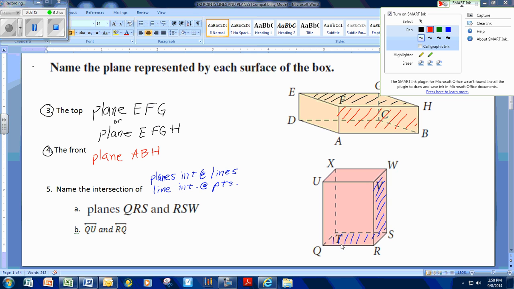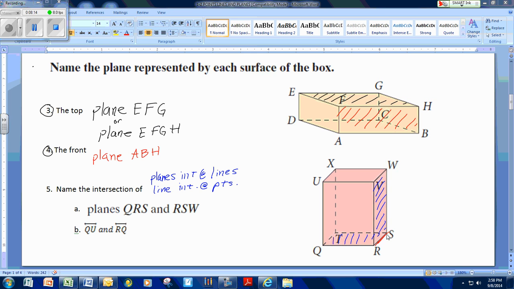These 2 planes intersect right here at this line, RS. If you also look in the names of the planes, they both share the points R and S. So that also tells you where they intersect.